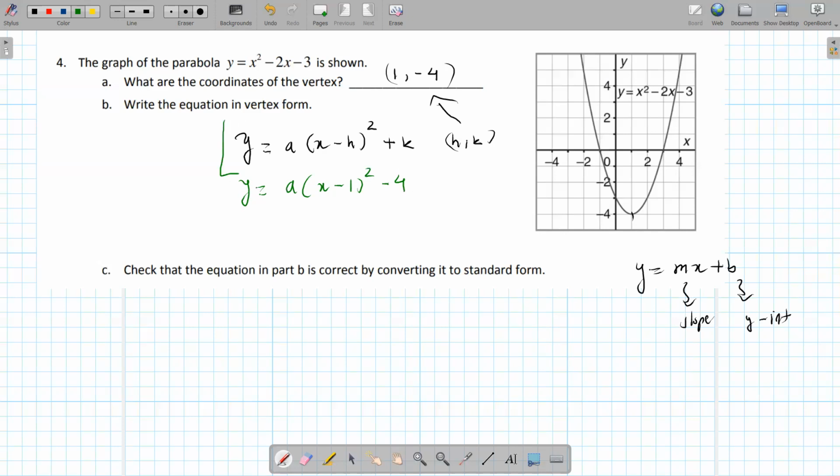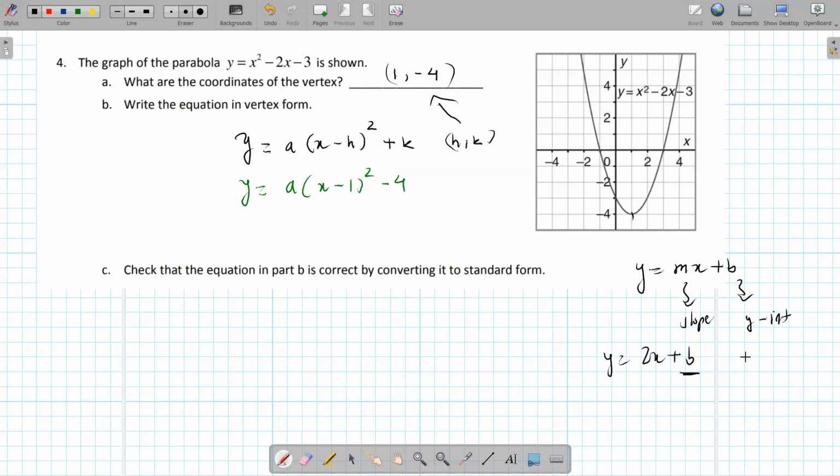This is the general form of a quadratic. Eventually you're gonna remember it, but I'm gonna give it to you every single time for now. Now the question is, how do we find a? If you remember for linear functions, how did we find the b value? For example, if they gave us a point.